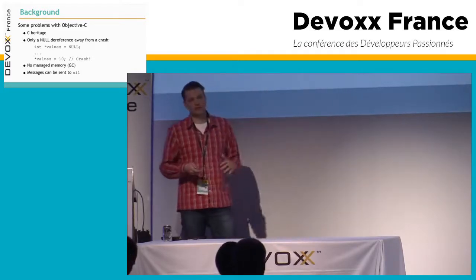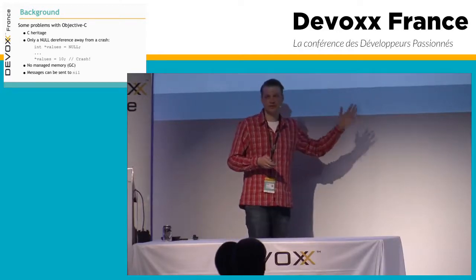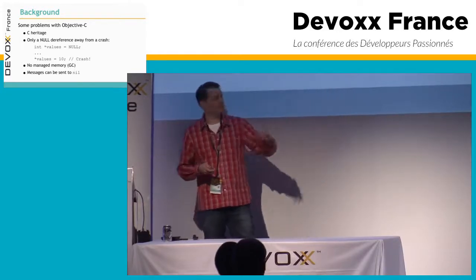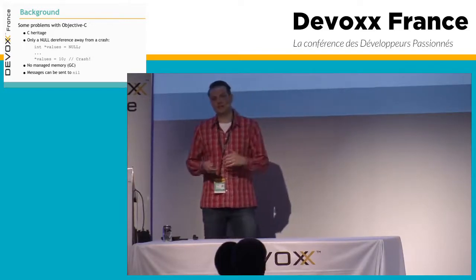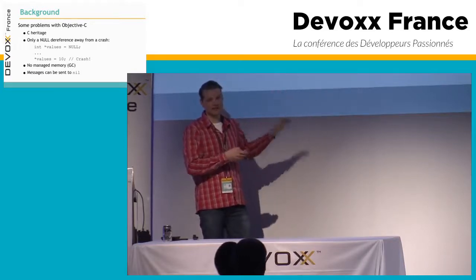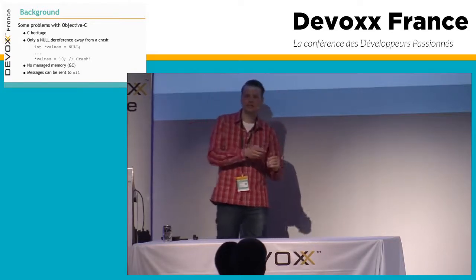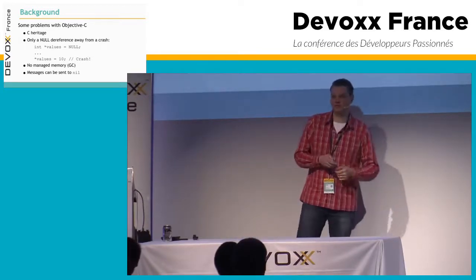But in Objective-C, the execution just happily continues. And in my opinion, this is a disaster waiting to happen. Later on, if you had a nil reference by mistake, and later on you get another problem that is related to this, it's really hard to backtrack and find the original cause of that problem and to fix it.